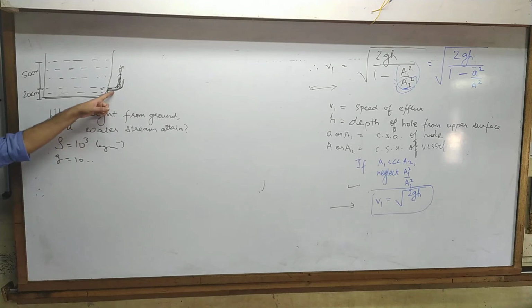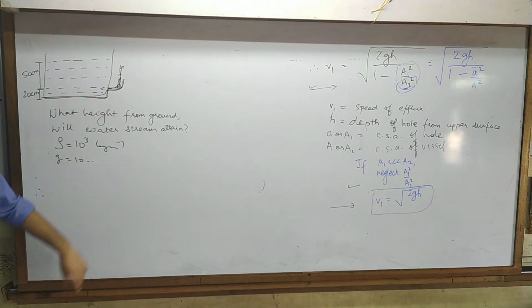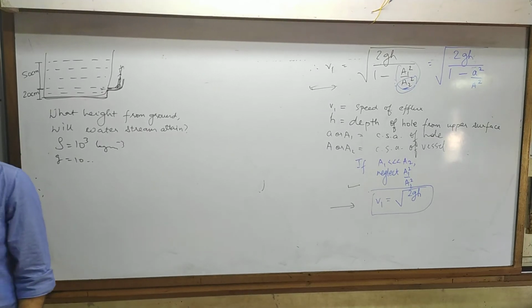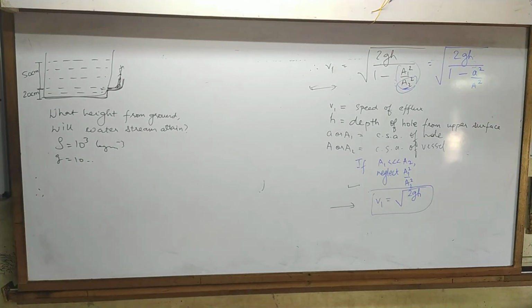First step would be to find out with what speed the fluid will come out. How much speed? Under root 10. Are you sure? Right?